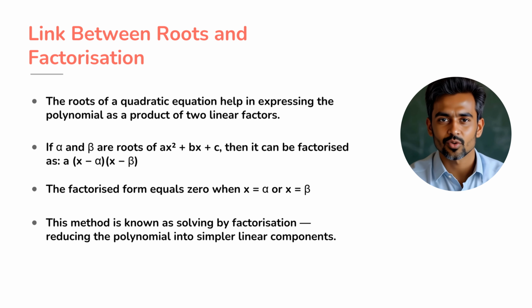So, solving a quadratic equation basically means finding the values of x that make the polynomial 0, and this is done by expressing it as the product of two linear factors. Factorization gives us this product form, and it's especially helpful when we can break it into easy-to-handle terms. Imagine it like breaking a puzzle into pieces and then putting it back together again in reverse.